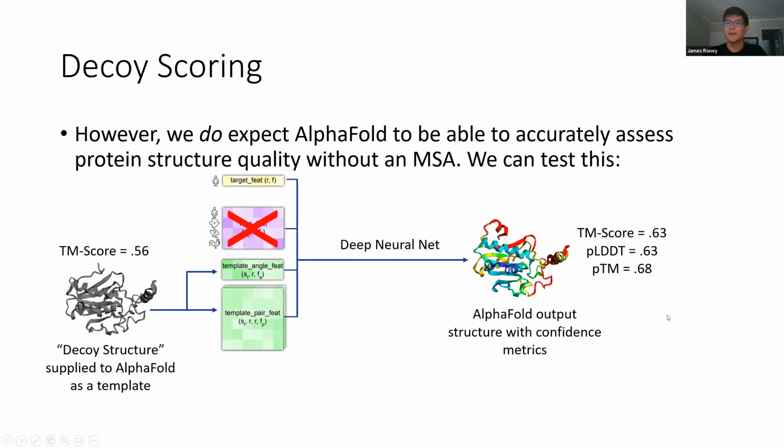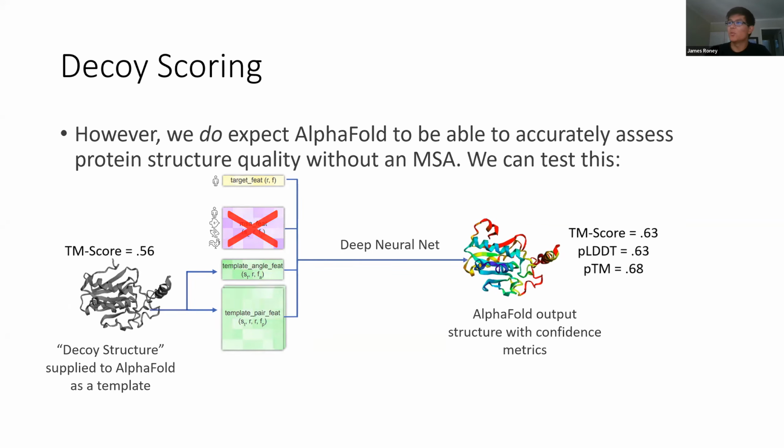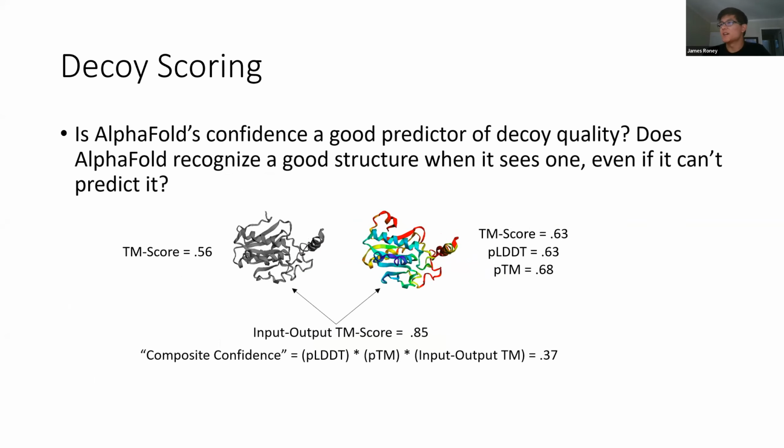Given our hypothesis that AlphaFold might have an internal potential function that's able to determine the accuracy of a candidate structure without using an MSA, we might wonder if AlphaFold's confidence metrics are actually a good predictor of the quality of this candidate structure, even when no MSA is provided.